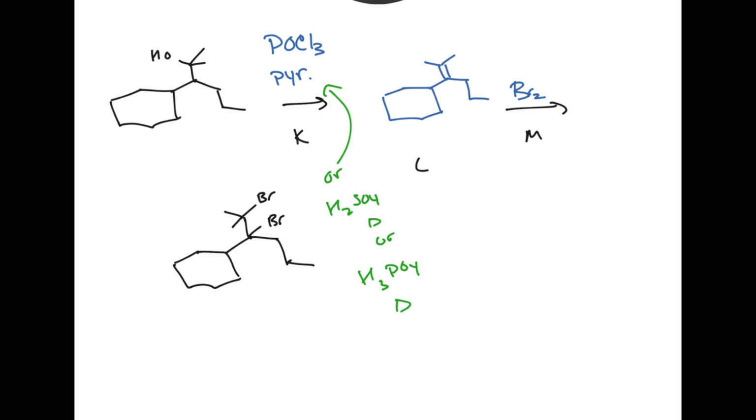Any of those 3. Again, my goal is to not put 2 reagents that are going to do the same thing, so you kind of have to know all 3. Because if I pick phosphoric acid and heat, and that's the one you chose to forget, then you're screwed. So you have to make sure you know all of them.